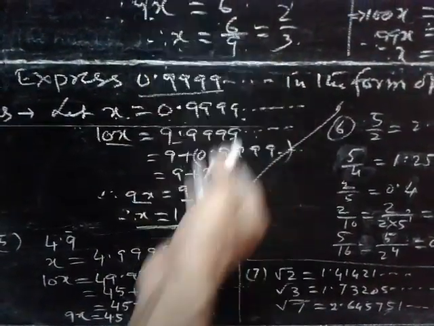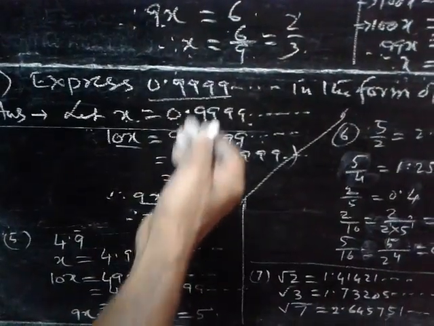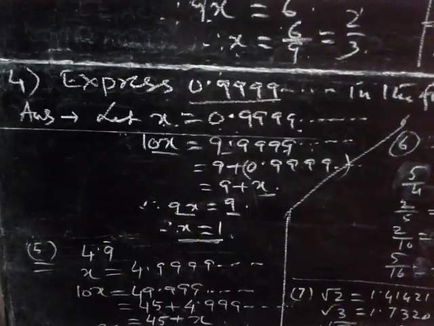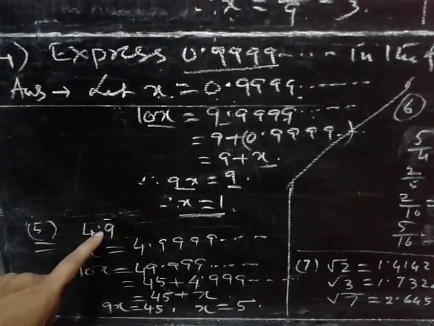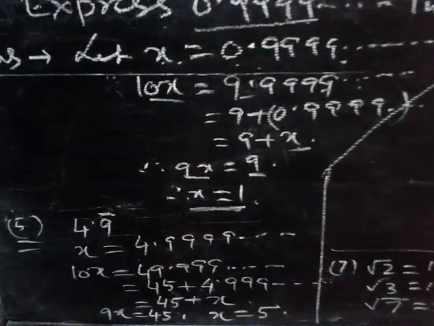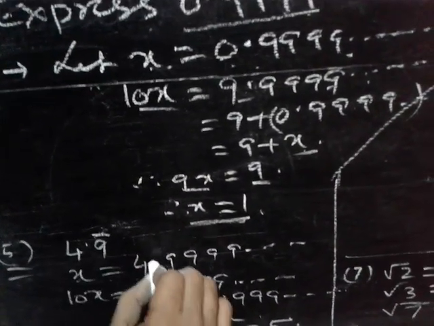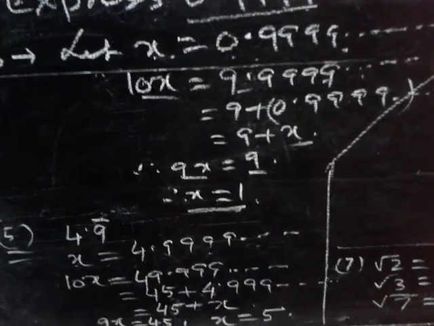Now you can conclude like this, and you can also express it another way. I am just taking another problem for you, 4.9 recurring. I take x as this, which is actually 4.9999.